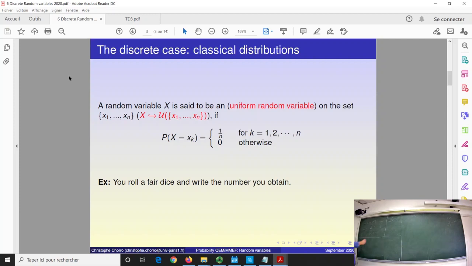If I want to compute the expectation, it's something that I have already done at the beginning of the session. It's 1 over n, the sum from i equal to 1 to n of i. And here we have seen that it is (n plus 1) over 2, which is just the middle of the interval 1, n.